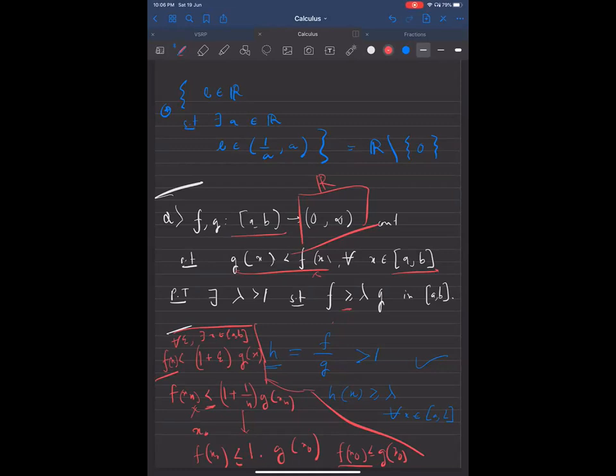Yeah, right. But the thing is, for an open interval, the statement is not true itself. So you can find a counterexample. Try to construct a counterexample.